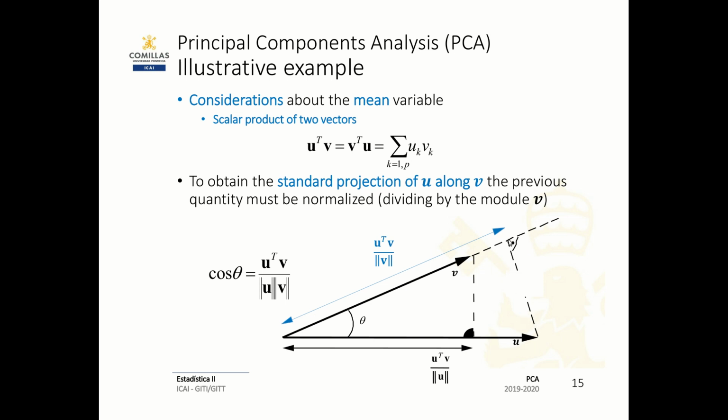So for this point, we have to take the dot product of u with the normalized v. You can see we have v divided by the norm of v, that is the unit vector in the direction of v. So the length of this vector is the dot product between u and the unit v vector.